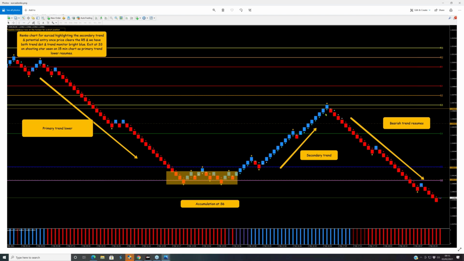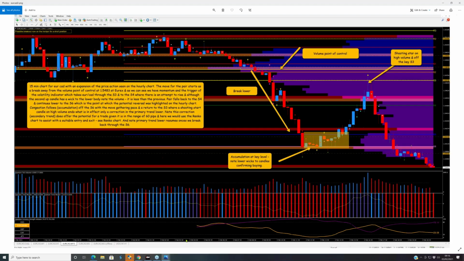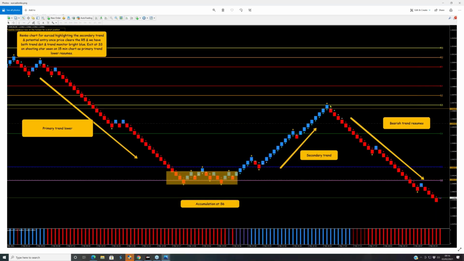So when it hit the S3, knowing what we know about the S3, we can see the dots are still blue. This is most definitely blue. But because of what we saw on the 15-minute chart with this weakness coming in, and the volume that's coming in, you could take the decision and say, do you know what? This is actually going to reverse.